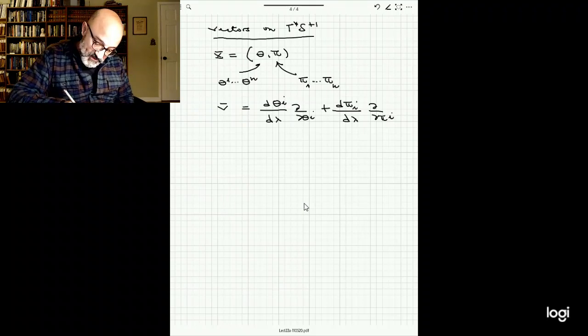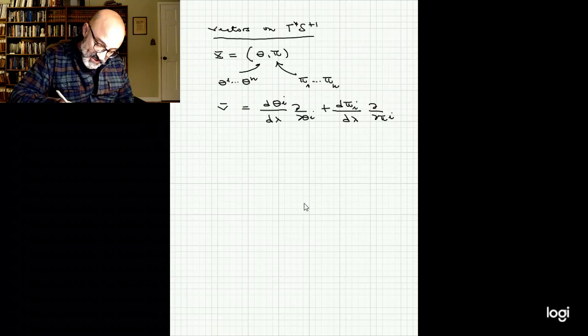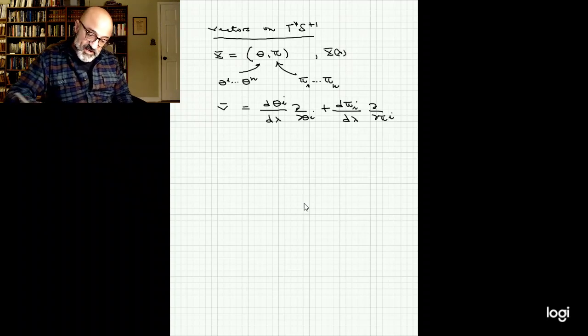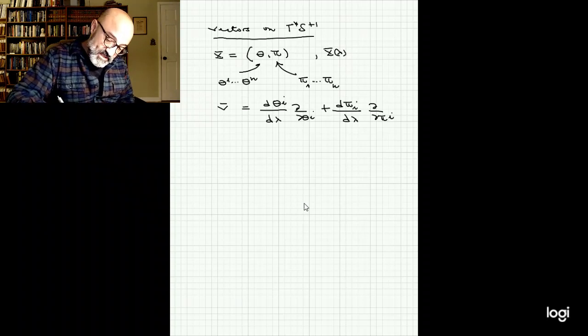And we're going to represent this in a nicer notation: if your curve is described by a parameter lambda, then these are just theta(lambda) and pi(lambda).